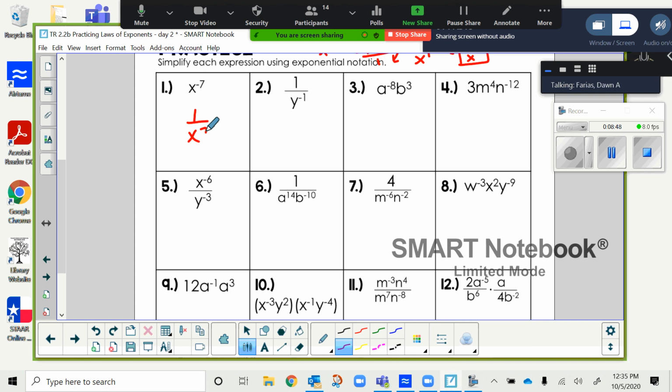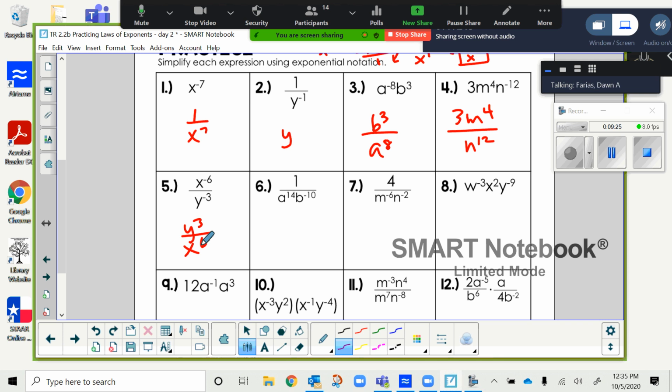And number 2 is just y, or y to the 1. 3 is b cubed over a to the 8. 4 is 3m to the 4 over n to the 12. 5, they just both flip-flop places and their exponents become positive, so it's y cubed over x to the 6th.